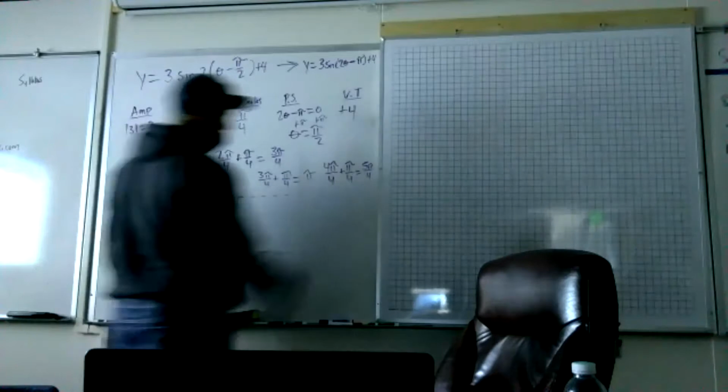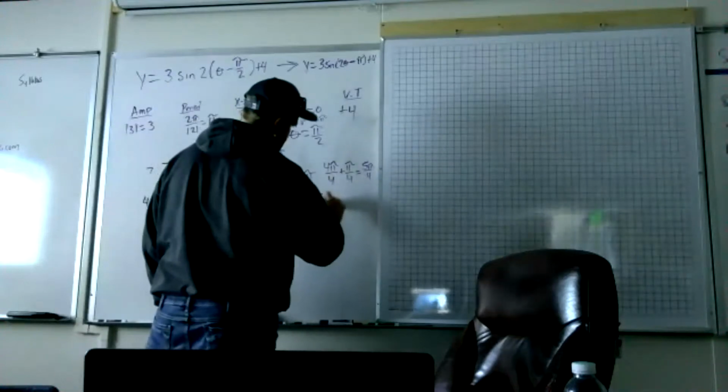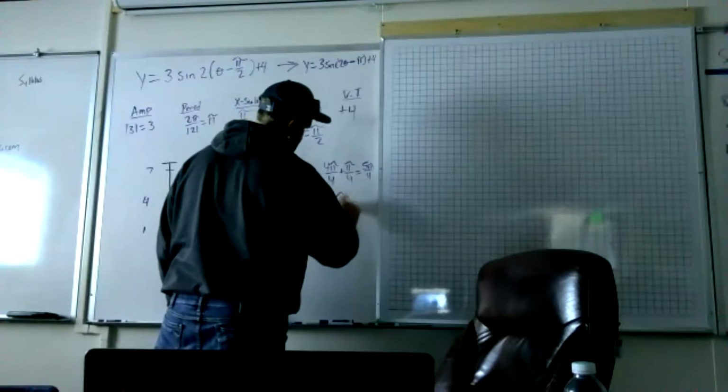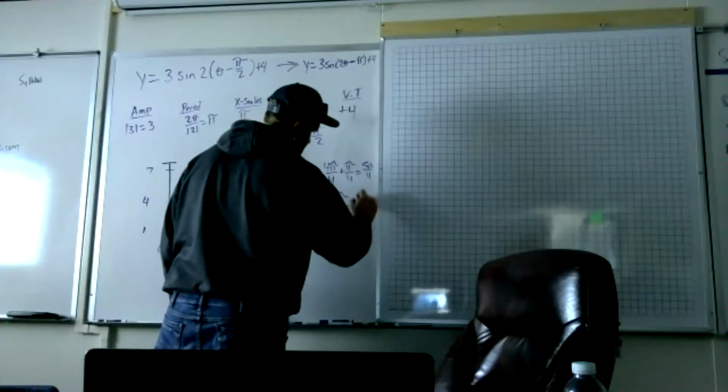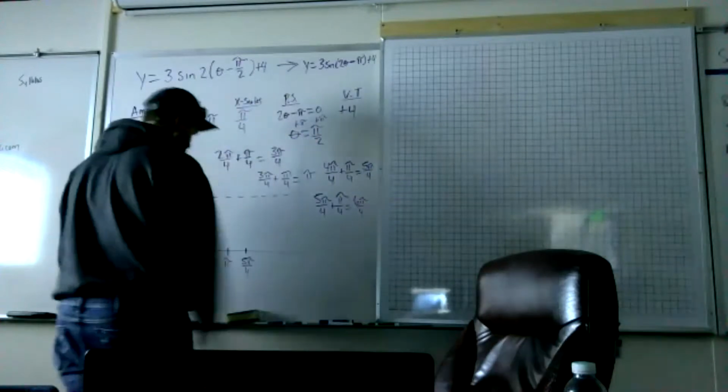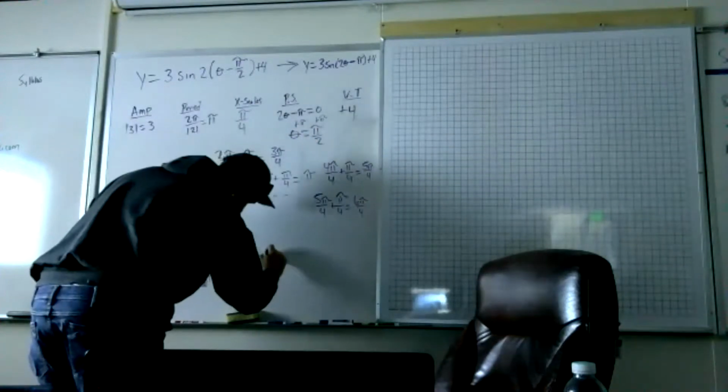One more, 5 pi over 4 plus pi over 4 is equal to 6 pi over 4, which could be reduced to 3 halves or 3 pi over 2.